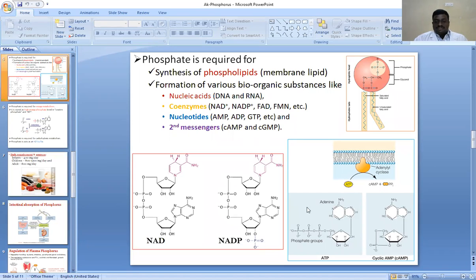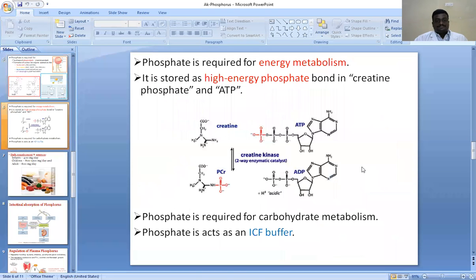So that is the difference between adenosine monophosphate and cyclic adenosine monophosphate. Adenosine monophosphate is the nucleotide. Cyclic adenosine monophosphate is the second messenger. It participates in the secondary action of the enzyme reaction inside the cell. So this is another function.